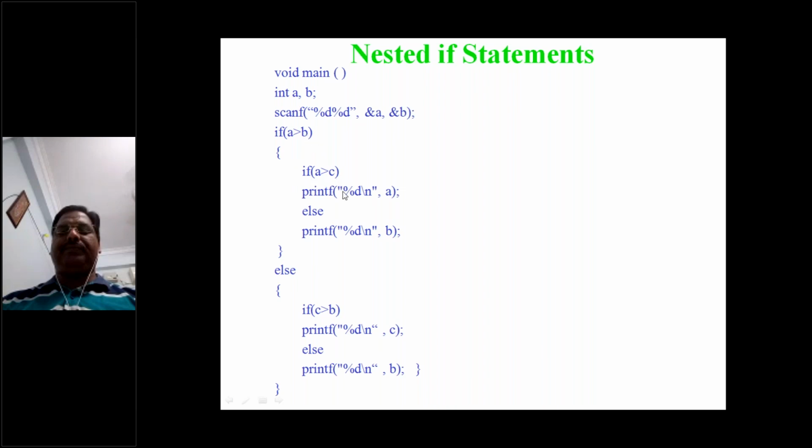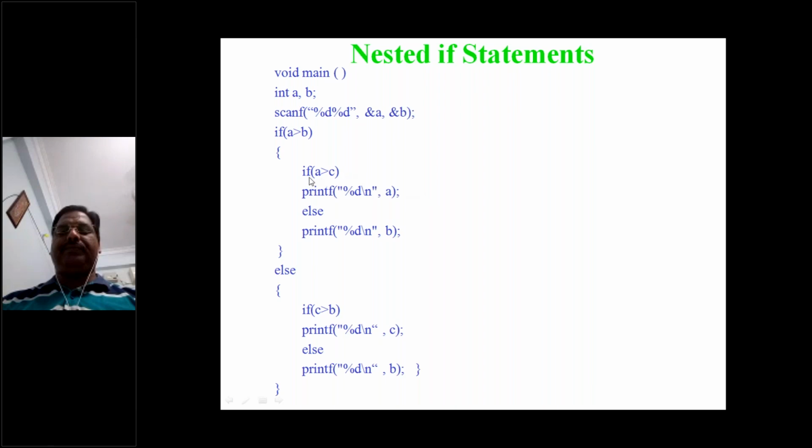So this program is finding the greatest of three numbers, nothing more than that. Then I write one more if condition inside it. This is what we call a nested if. In technical terms, an if body or if block consisting of another if statement is called a nested if.